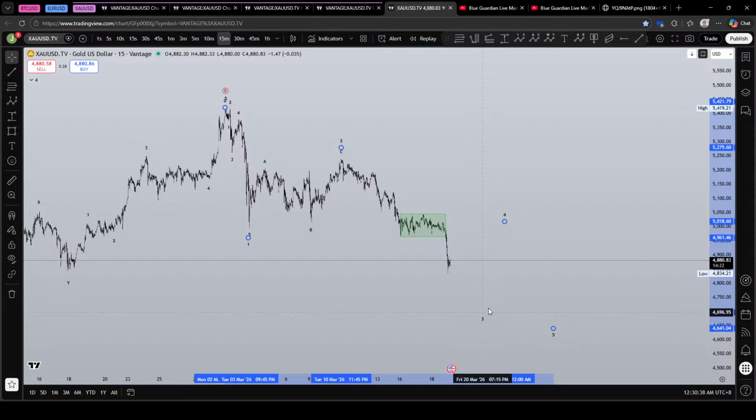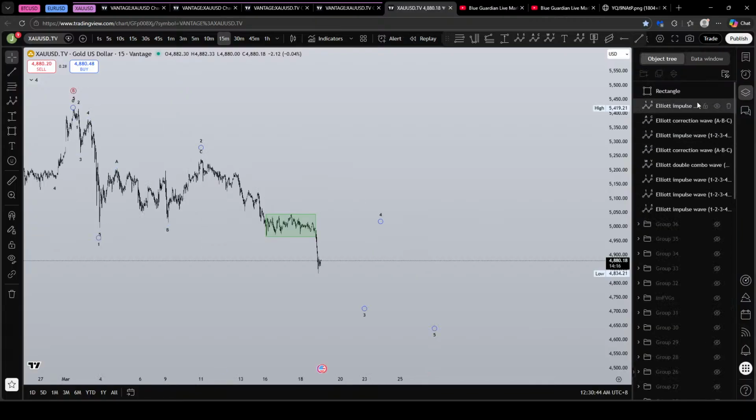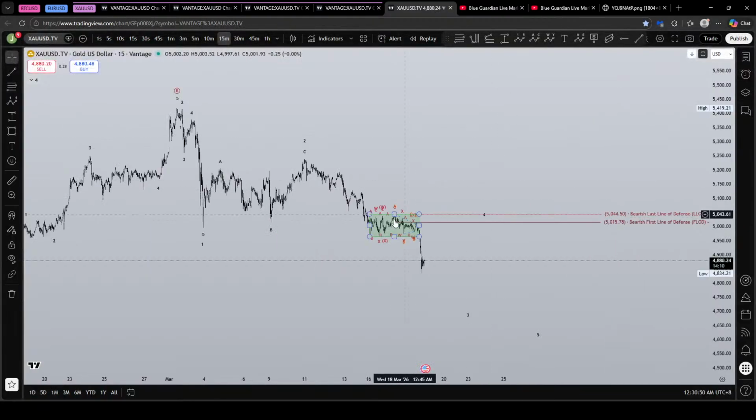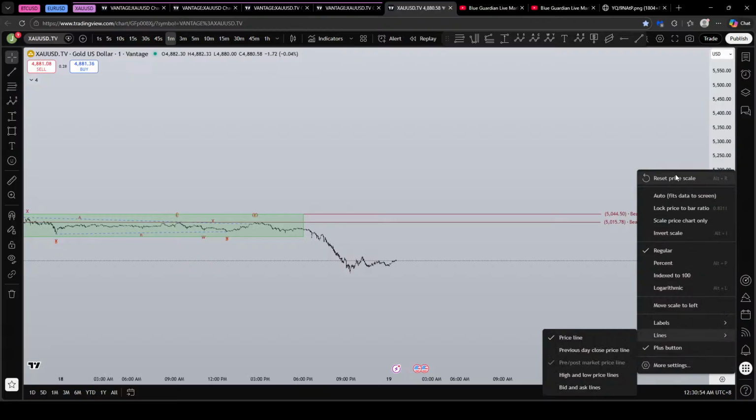So what is the counting here? Let me just activate my previous counting here, and hopefully I still have the wave counts. So this is the analysis that I have shared this morning in my community.